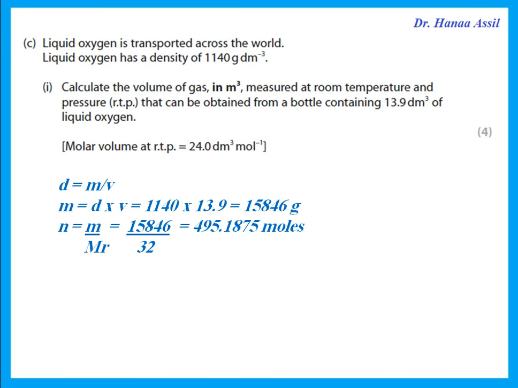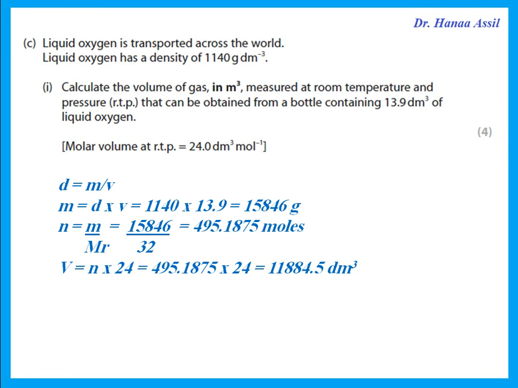Now I can get the number of moles of this amount of oxygen. So I have a mass of 15,846 grams. Number of moles is the mass over the molecular mass of oxygen. Of course, oxygen is diatomic, so it is O2. Each oxygen has a mass of 16, so the MR of O2 is 32. This gives me the number of moles of oxygen. What does he want? He wants volume. Okay, volume is number of moles times 24, because this is at room temperature and pressure.